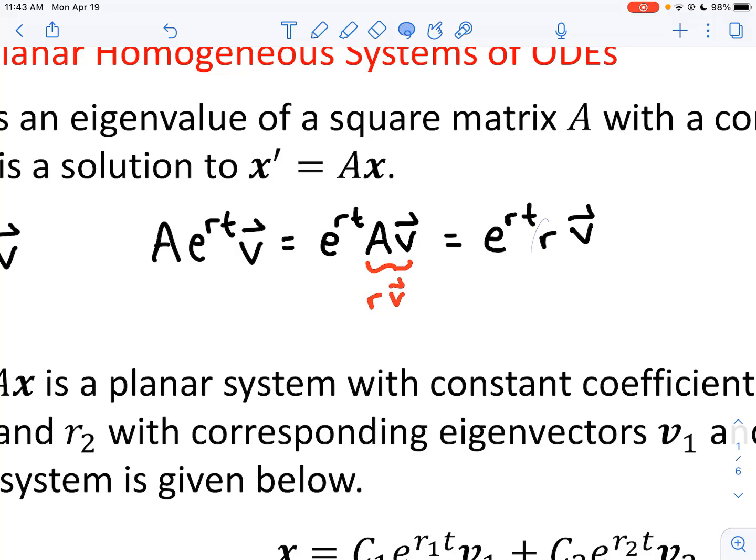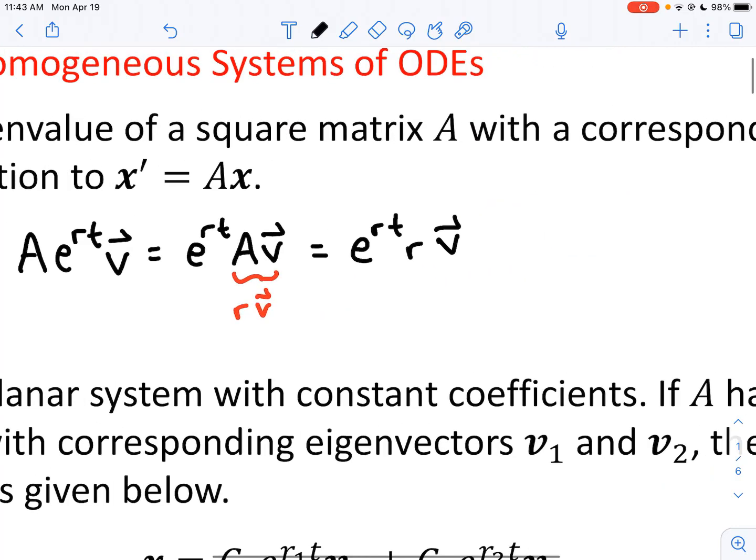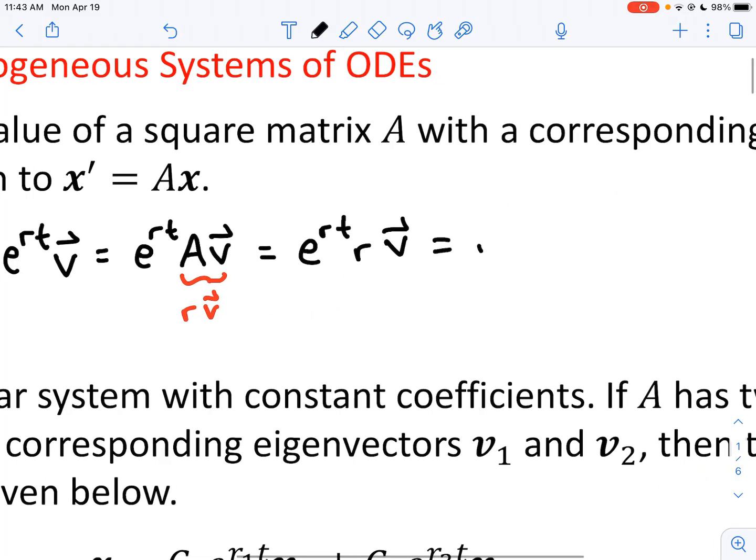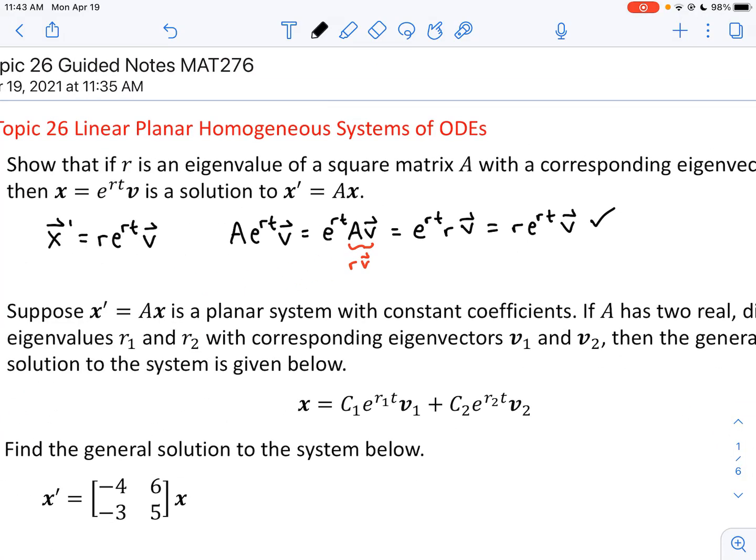And since that's a scalar and this is a scalar and this is all multiplication, I can rearrange these any way I want. We can just write that instead as r e to the rt as a scalar times the eigenvector v, which was the same thing as our x vector prime. So the key, of course, was this step right here. Because v is an eigenvector corresponding to eigenvalue r, the matrix A times v will be r times v.